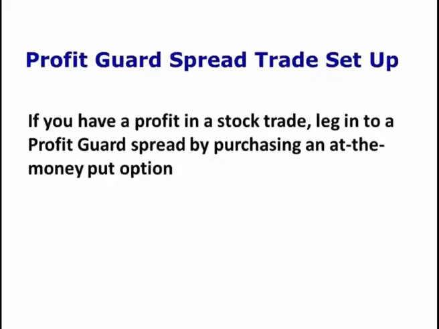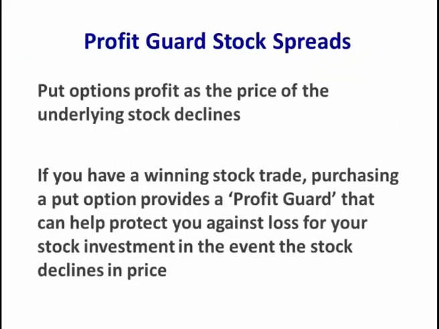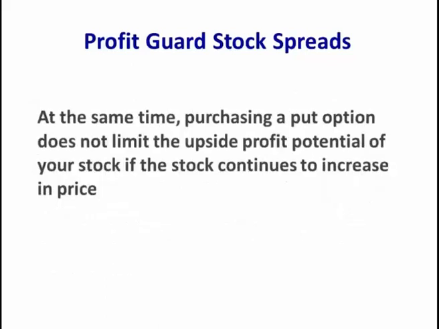So if you have a profit in a directional stock trade, you would leg into a profit guard spread by purchasing an at-the-money put option. Put options profit as the price of the underlying stock declines. If you have a winning stock trade, purchasing a put option provides a profit guard that helps protect you against loss for your stock investment in case the stock declines in price.